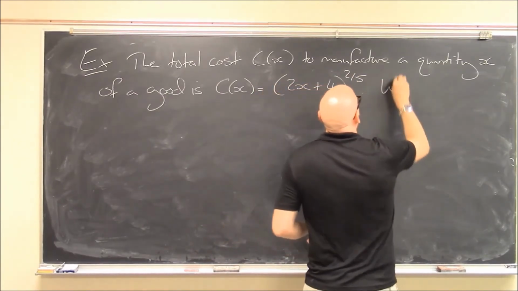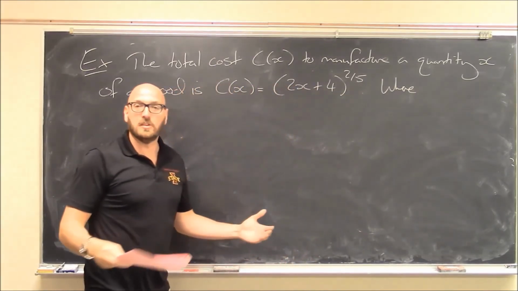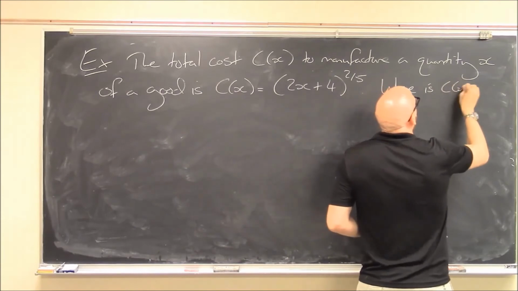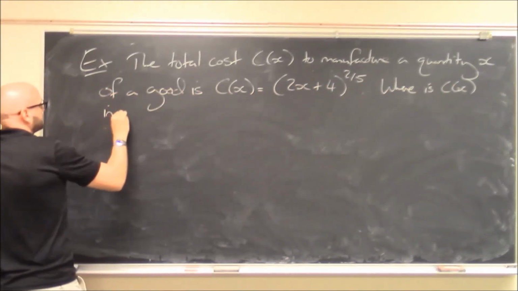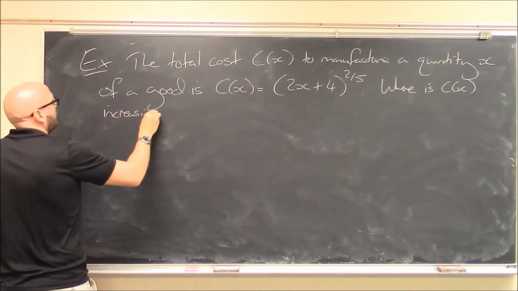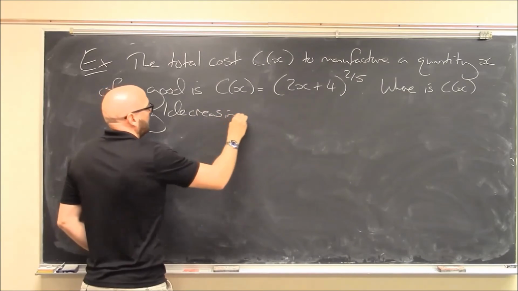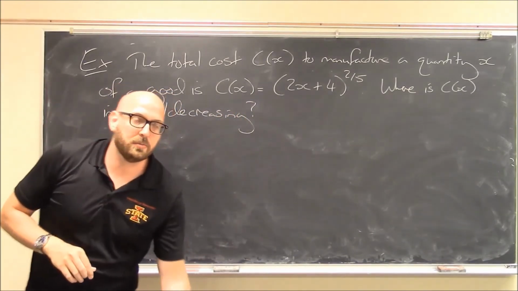And the question is, okay, so I've got this cost function. I want to know, when is my cost increasing, when is it decreasing? So where is C of x increasing, or decreasing? If you want, this is probably a good spot to pause the video, try to do this problem on your own.